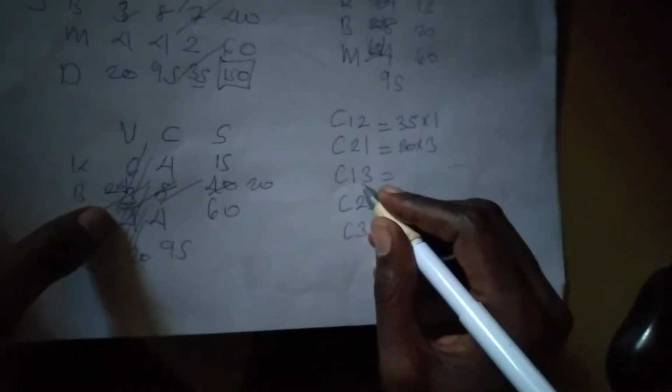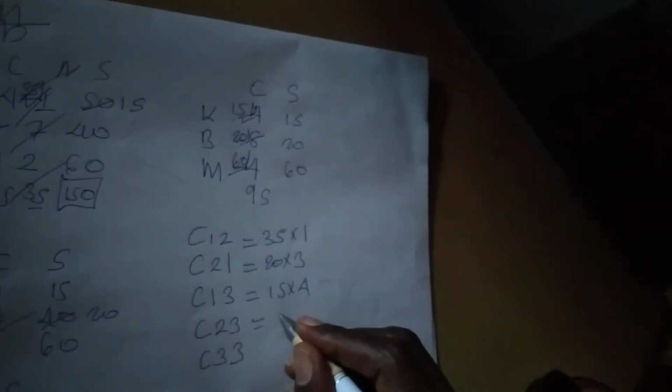The value for C13 is 15 times 4. The value for C23 is 20 times 8. And the value for C33 is 60 times 4.